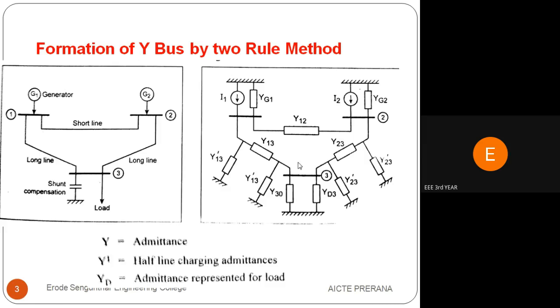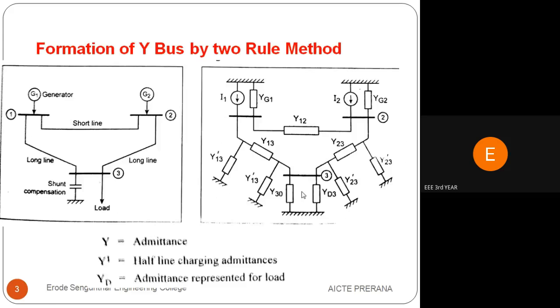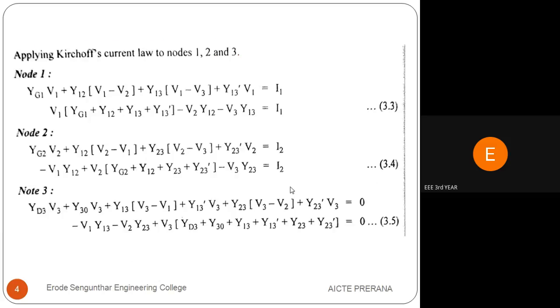We start with the first element, the load admittance Y3. This load admittance is multiplied with the voltage V3. Again, the capacitance admittance Y3 dash is also multiplied with V3.